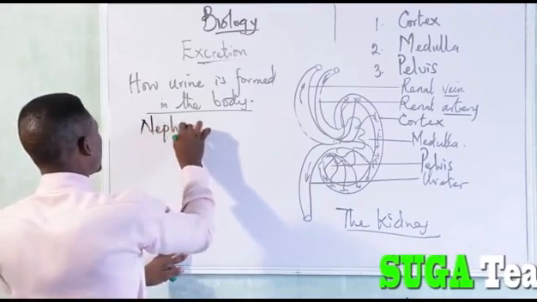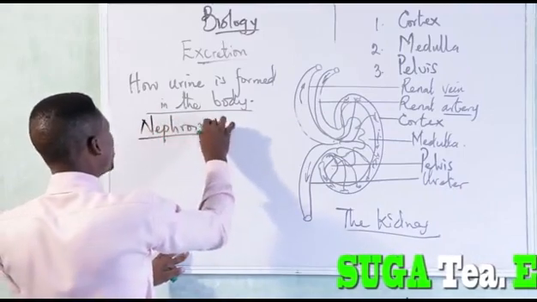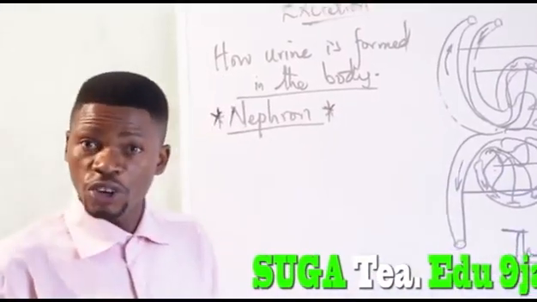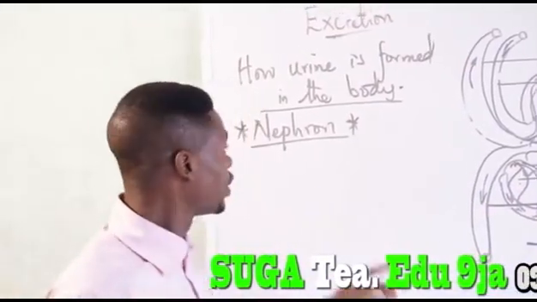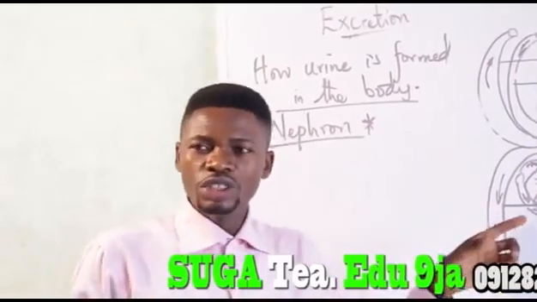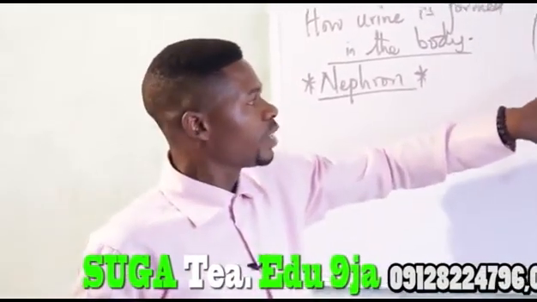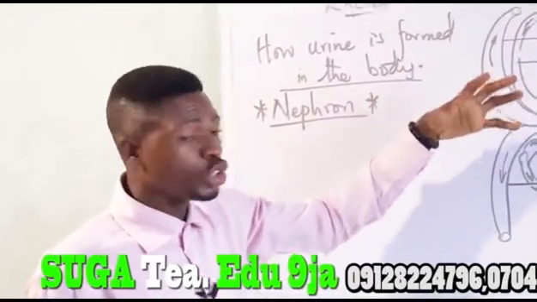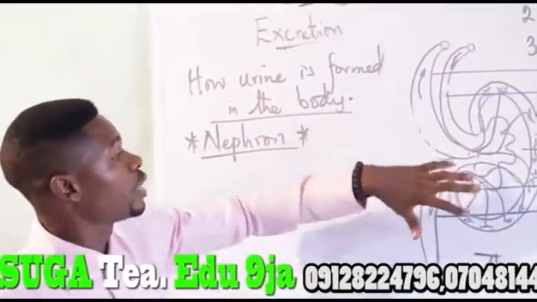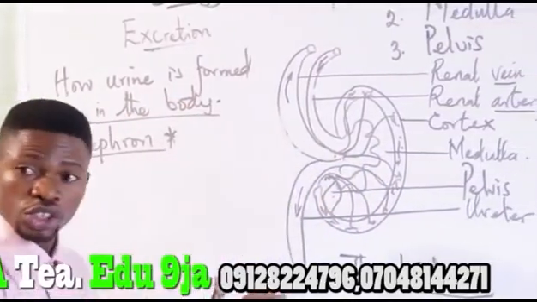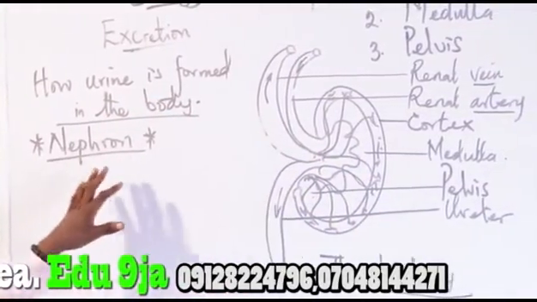Do not forget, the nephron is the functional unit of the kidney. Just as you have the cell as a functional unit of life, here you have the nephron as the functional unit of the kidney. And every work that happens here, in terms of filtration, reabsorption, removal, or secretion, has to do with the nephron.